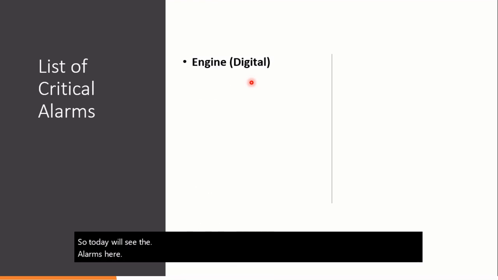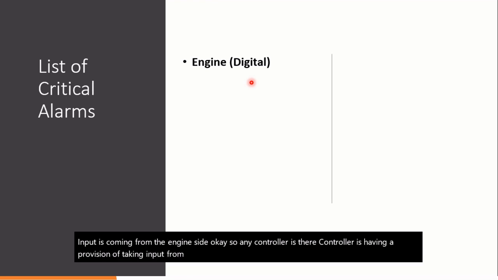The first one is the engine, in which a digital input is coming from the engine side. Any controller has a provision for taking input from digital sensors or switches and from analog sensors. Normally digital alarms come from the switches.